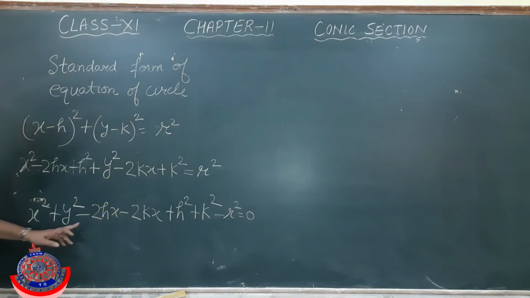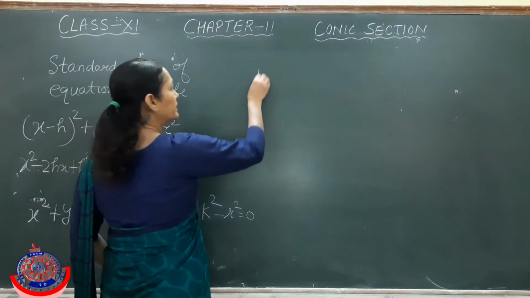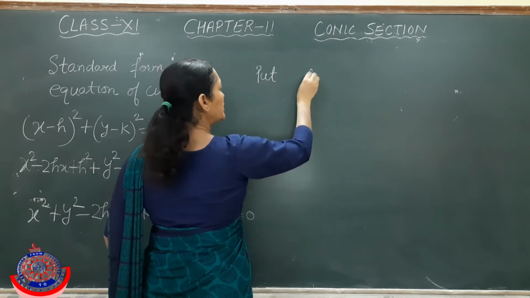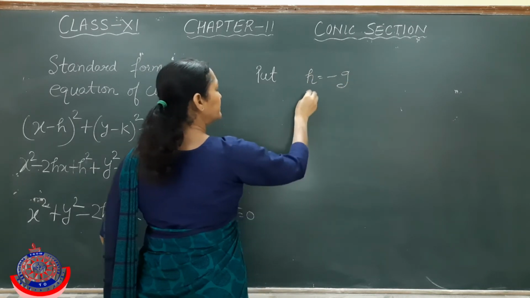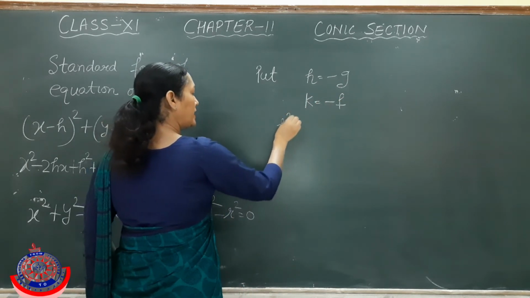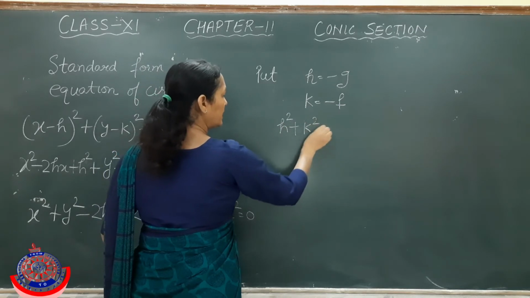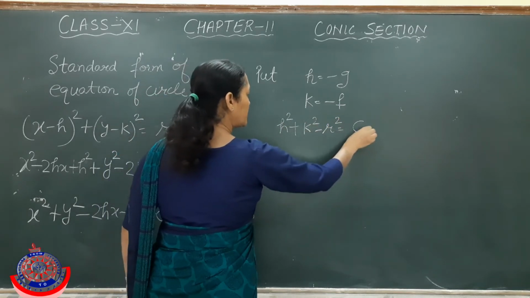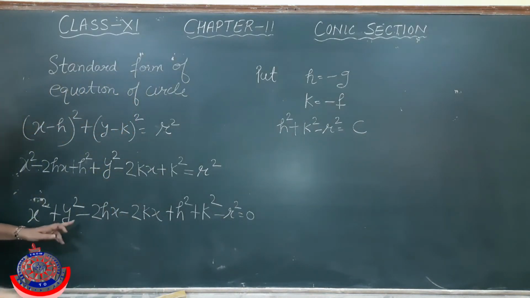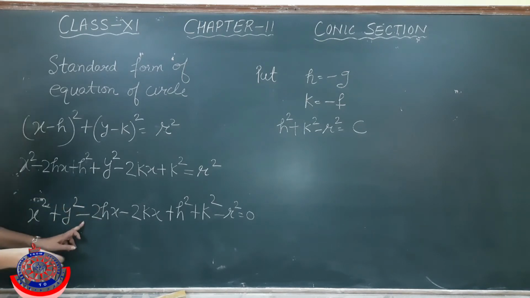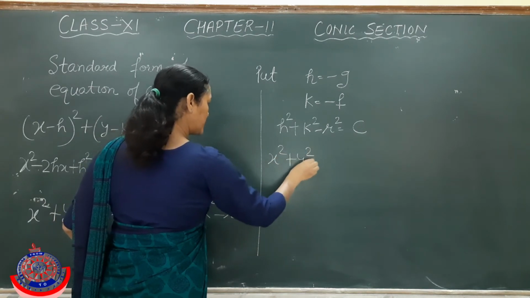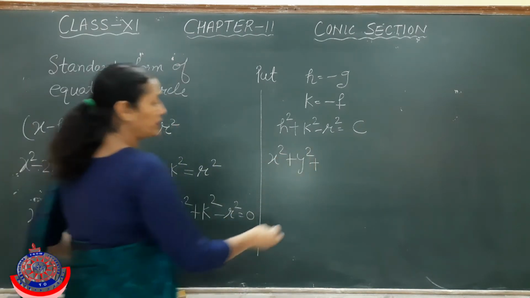Now, if we put h equals to minus g, k equals to minus f, and h square plus k square minus r square equals to c in this equation, then what will we be getting? x square plus y square, instead of minus h, g will come, plus 2gx.